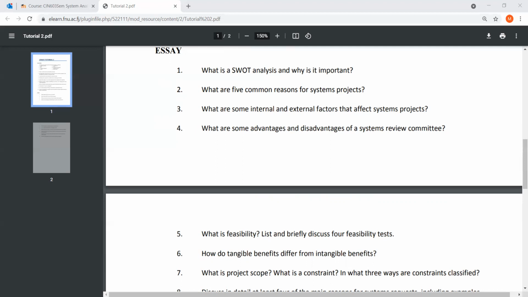So let's get down to the question. First we'll look at the advantages, so write down advantages. The first advantage is it helps in evaluating the system requests.